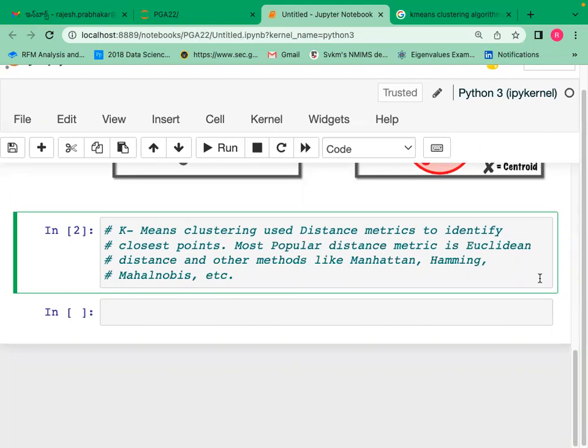One of the popular distance metrics is Euclidean distance: square root of (x2 minus x1) whole square plus (y2 minus y1) whole square.